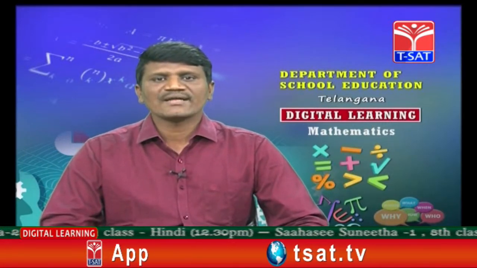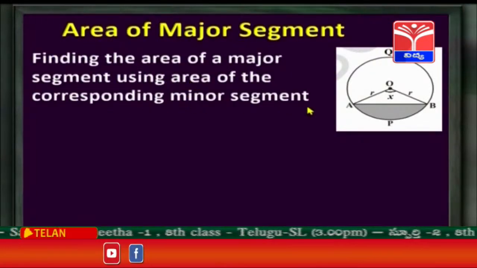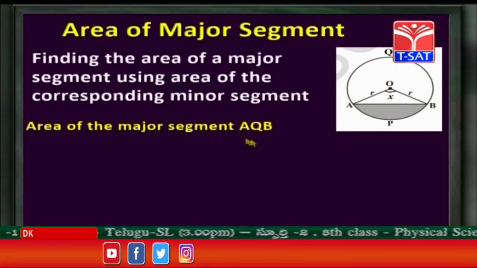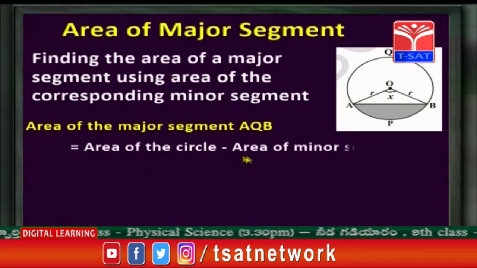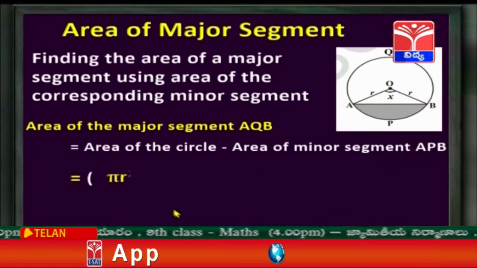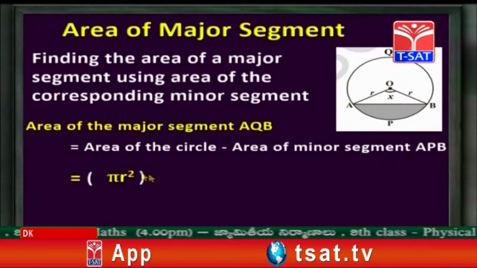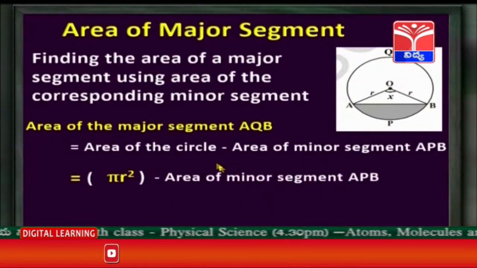So the area of the major segment AQB is equal to the area of the circle minus the area of minor segment APB, that is, pi r square minus the area of the minor segment.